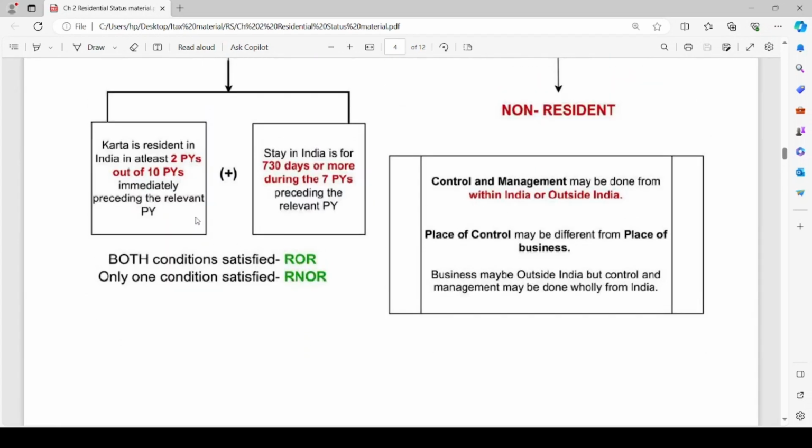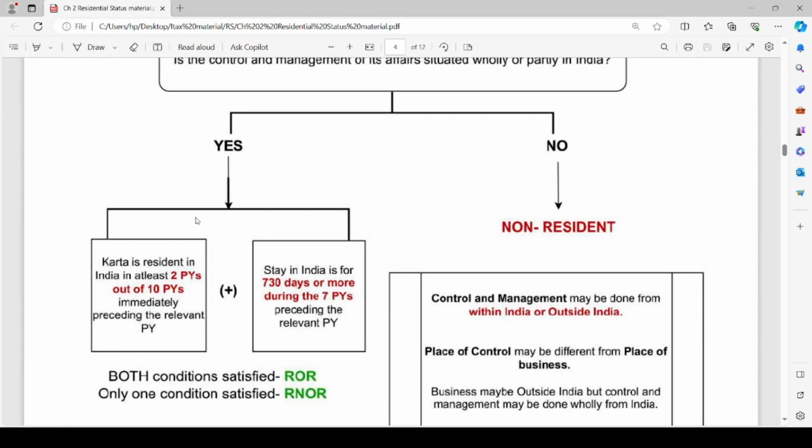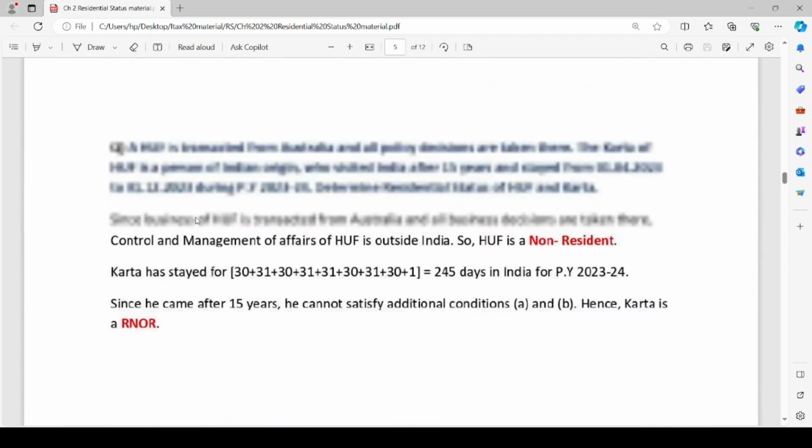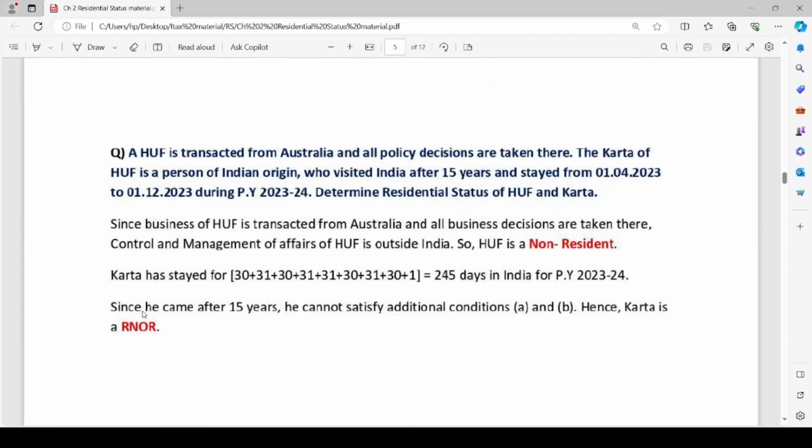So his stay in India will be 0 during the immediately preceding 10 previous years or 7 previous years. Hence, both the additional conditions are not satisfied. Hence, the Karta is considered to be RNOR. Since he came after 15 years, he cannot satisfy additional conditions A and B. Hence, Karta is resident and not ordinarily resident.